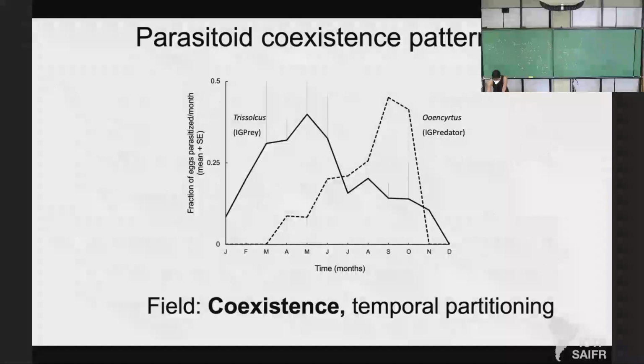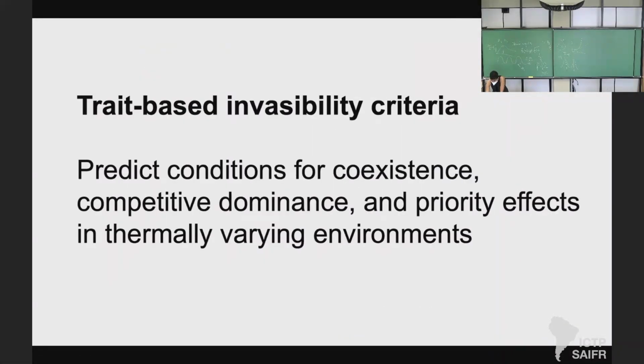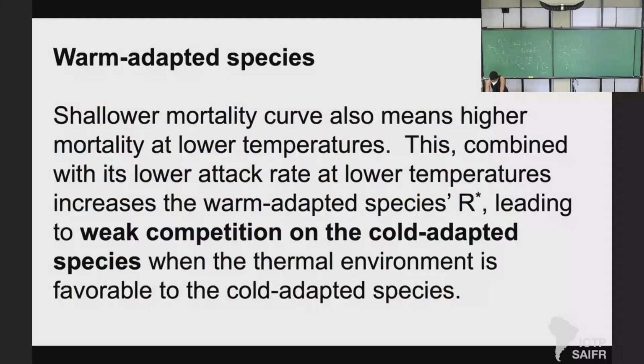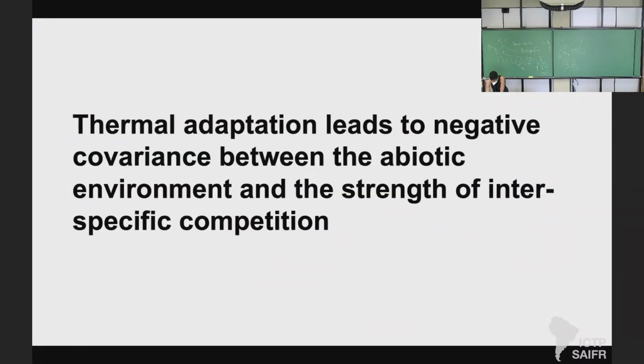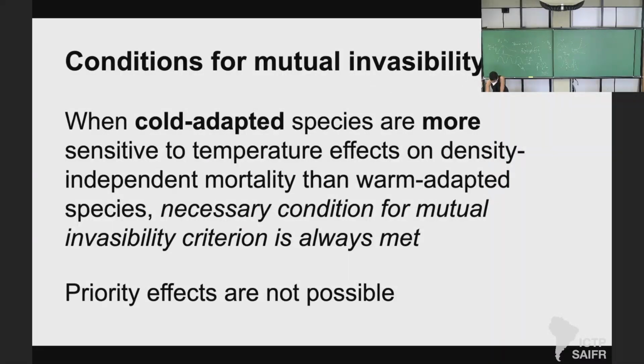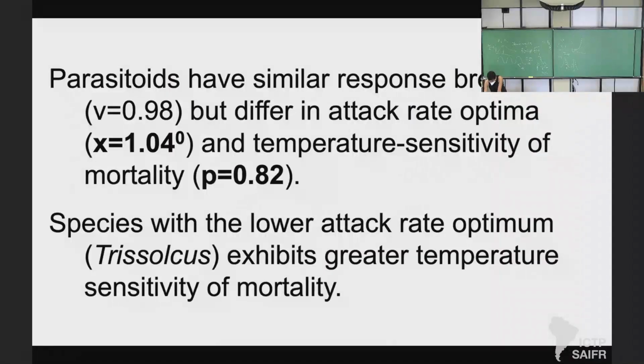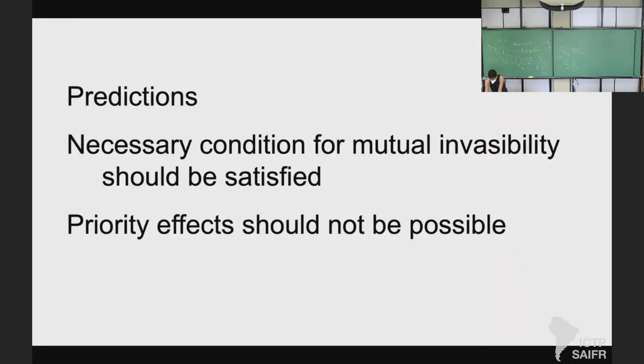Now, if you go back, that's what we predicted: cold-adapted species are more sensitive to temperature effects on density. That means the necessary condition should always be satisfied. This system should not exhibit priority effects, and that is very true.